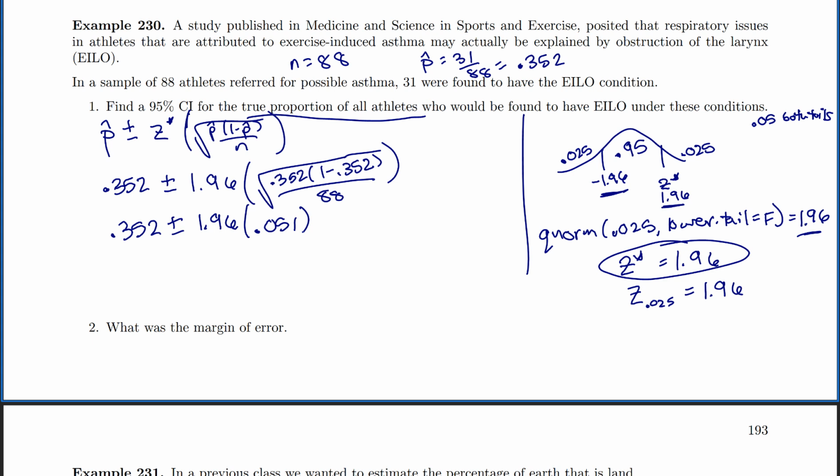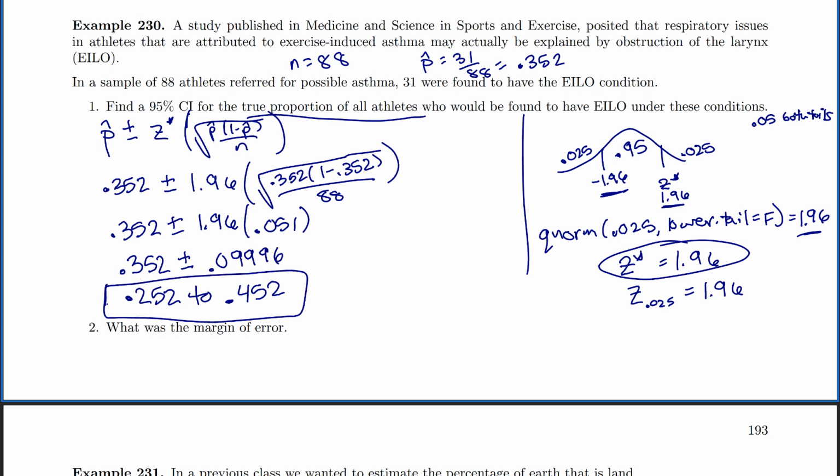That gives me 0.09996. So this is going to be 0.352 plus or minus 0.09996. And so now I'm going to do 0.352 minus 0.09996, and I get 0.252 to 0.452. So that's my confidence interval.